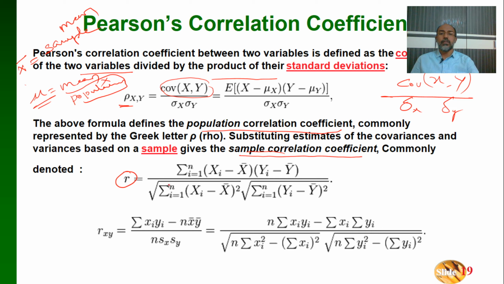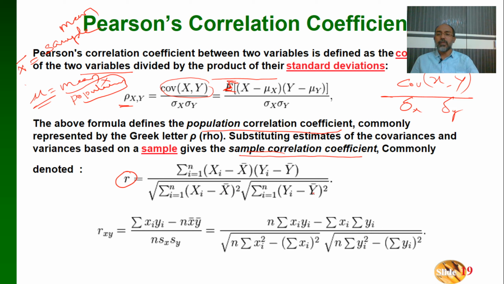The same is expressed in this way: sigma of x minus x bar, y minus y bar. Sigma always exists here. In the denominator, the square root of sigma x minus x bar squared is the formula for standard deviation of x.